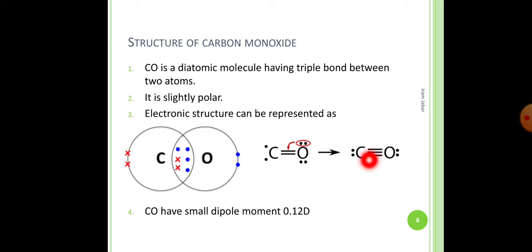Two are covalent bonds formed by mutual sharing, and the other one is a coordinate covalent bond, which is formed when oxygen donates its lone pair to the carbon atom. Due to this donation, there is polarity in this molecule, and this polarity is not cancelled out over here. Due to this non-cancellation of polarity, carbon monoxide has a dipole moment of 0.12 debye.